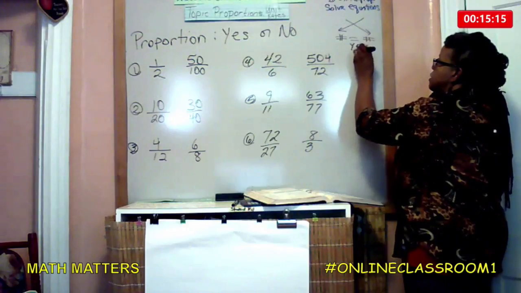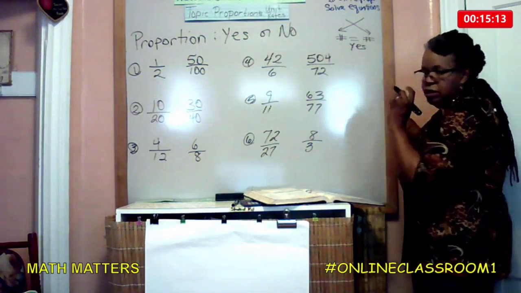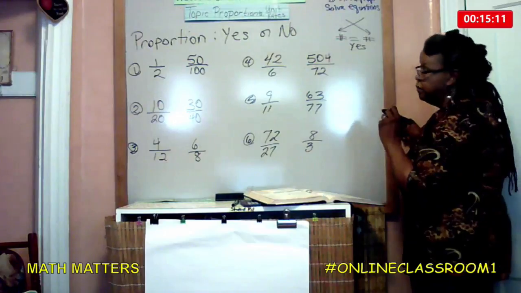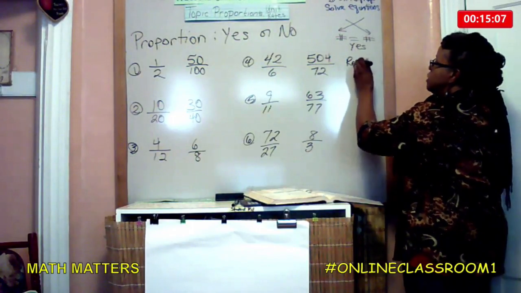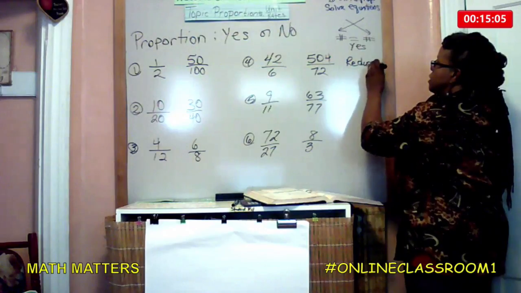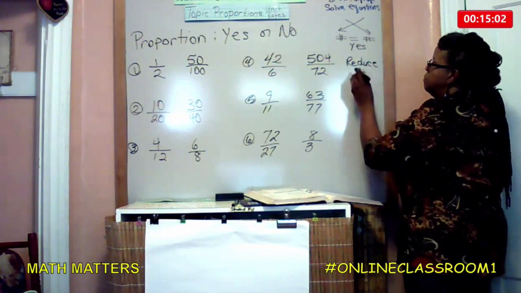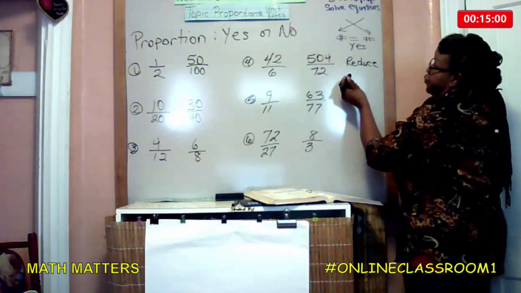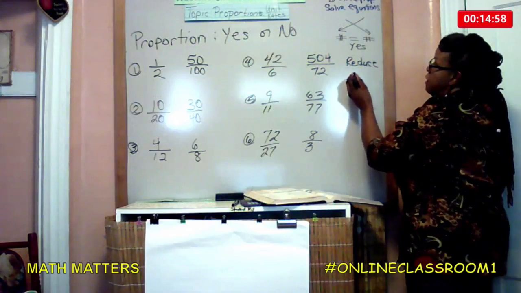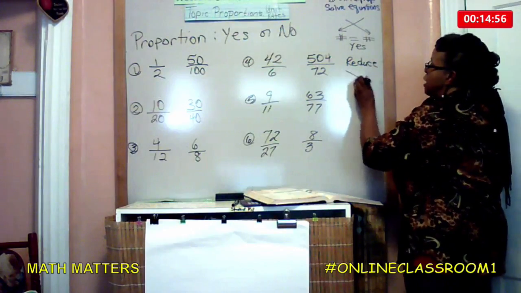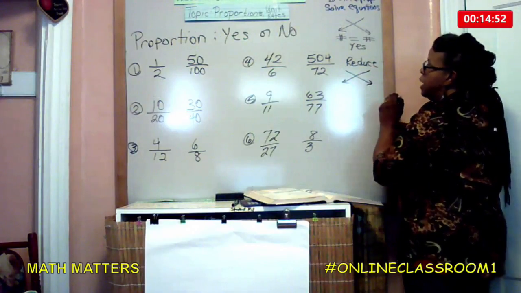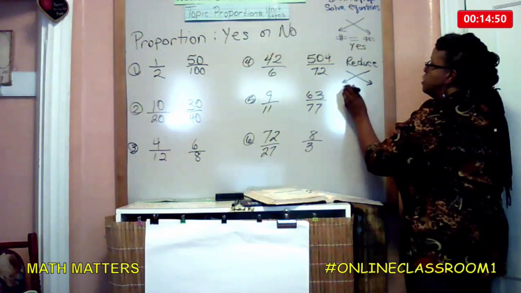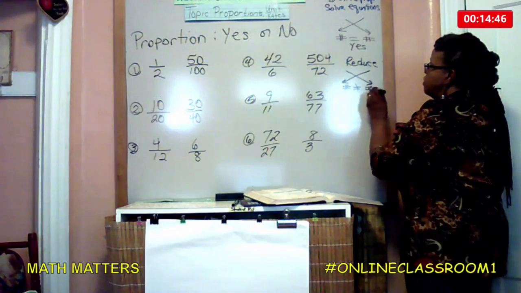Then the answer is yes. If they're not equal, then the answer is no. We can also reduce and then cross multiply and then compare. If the numbers are not equal, then the answer is no.